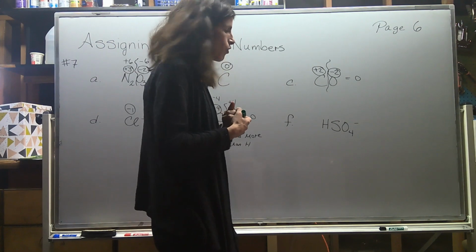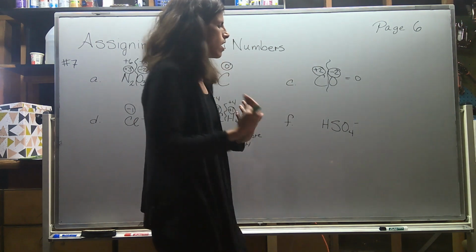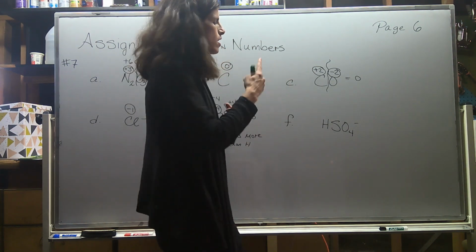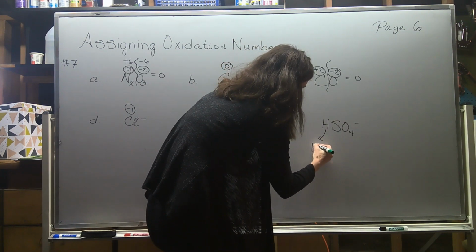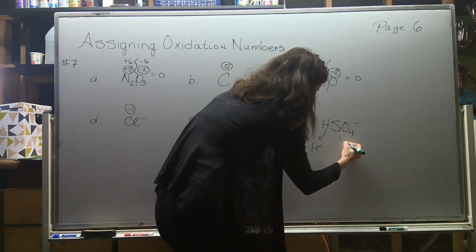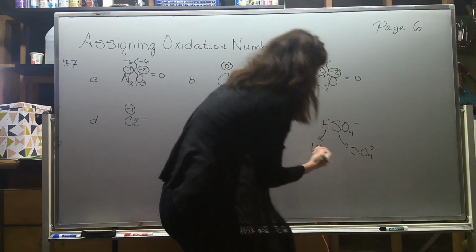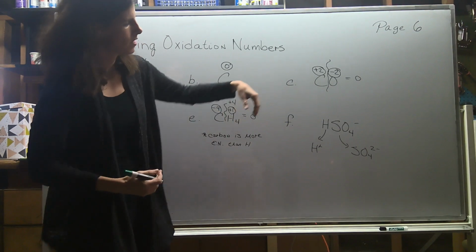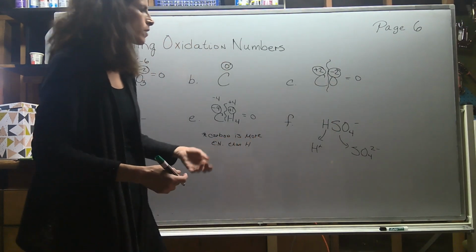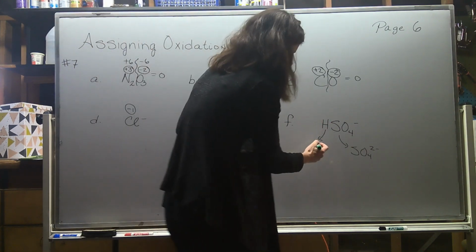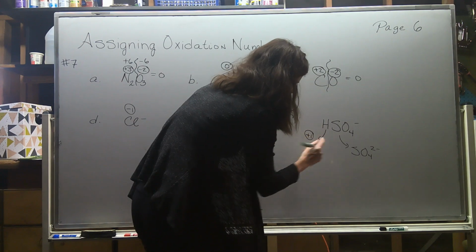We have hydrogen sulfate over here. You could split it into 3 pieces. Another way to approach these, if you recognize a polyatomic ion, you can split it up into the polyatomic ion and the cation portion. So here I split this into H plus and sulfate because I recognize the sulfate. Then the H plus is going to have an oxidation number of +1.